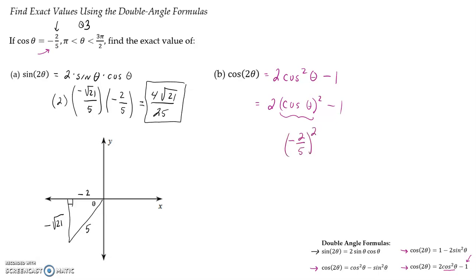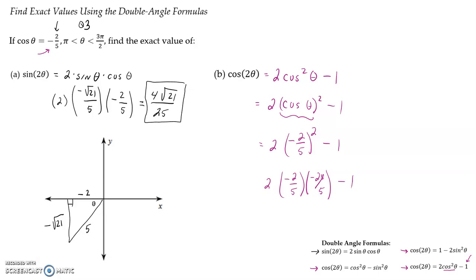So we'll square that. Make sure you're taking into account your order of operations here. When you do the negative 2/5 squared, that's the same thing as saying negative 2/5 times negative 2/5. I have this 2 out in front, and we'll be subtracting 1 at the end.